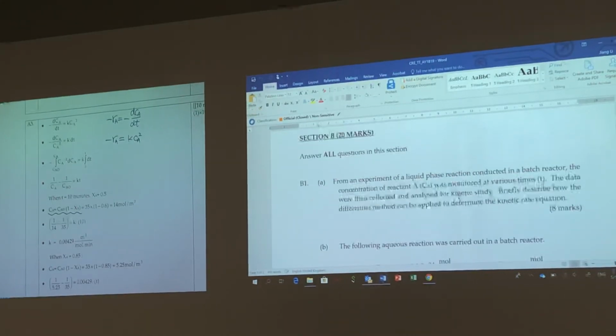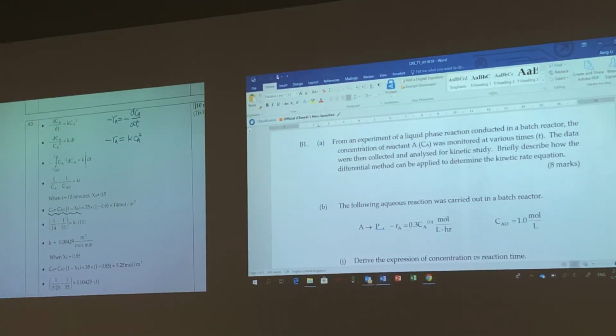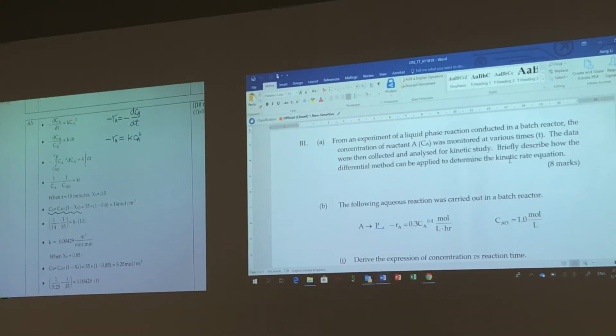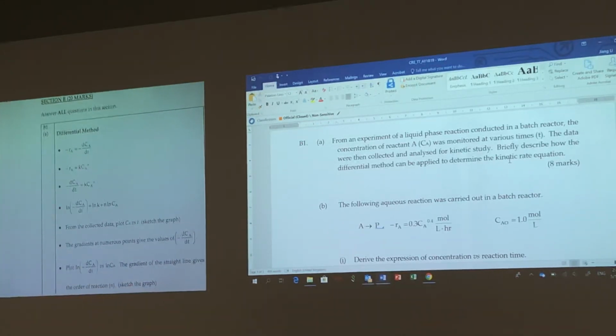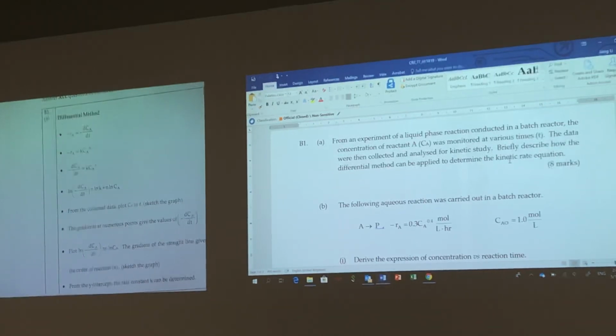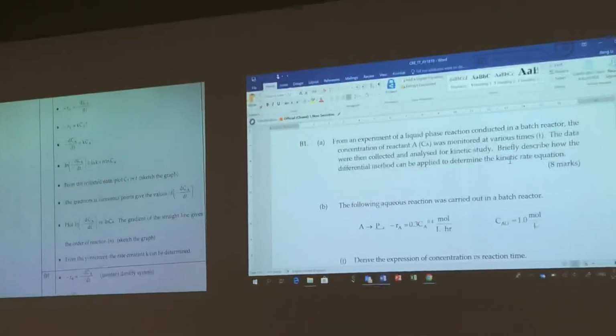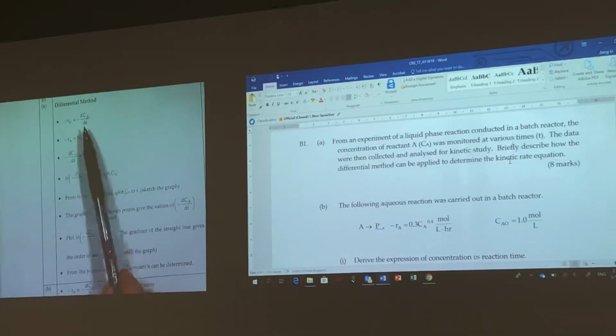Okay, question B, 20 marks. You see the first part, you need to describe how the differential method can be applied. The answer is here. So these basic derivations you still need.